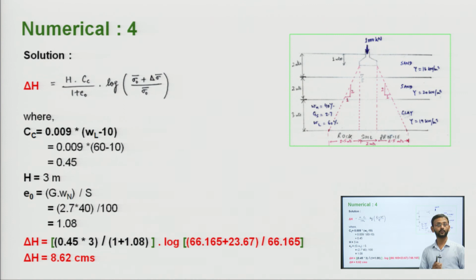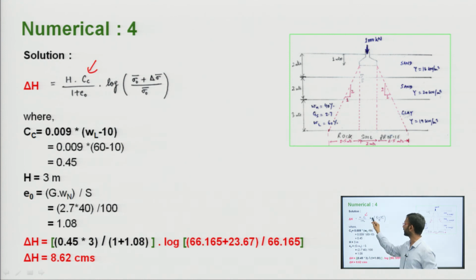Now, the settlement is given by H into the compression index, Cc, by 1 plus e naught, into log of the final value, that is the initial plus the change in value, as you saw in the very first numerical we discussed. Now, the Cc value is not known to you, but it has been given that you have to assume the soil as normally consolidated soil.